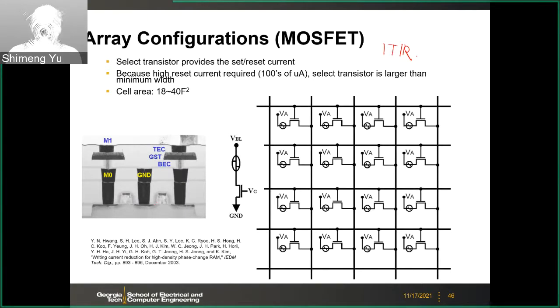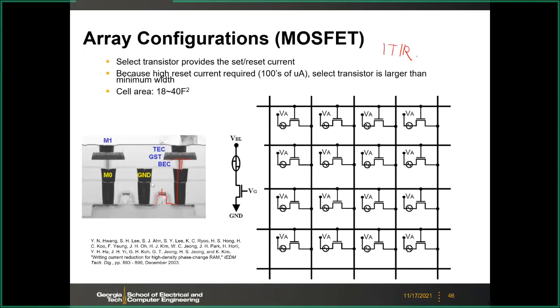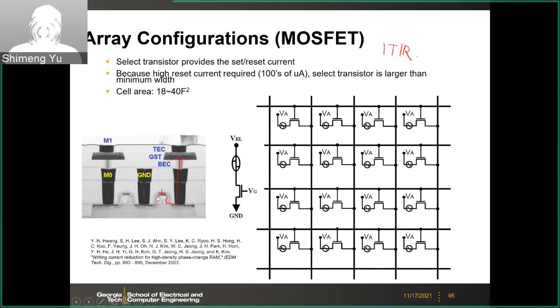And one transistor here, this cross-sectional view under the microscope at the drain. Then you have this heater, and then you have the GST and the top electrode. So you have this 1T1R. And here the transistor provides the set and reset current.